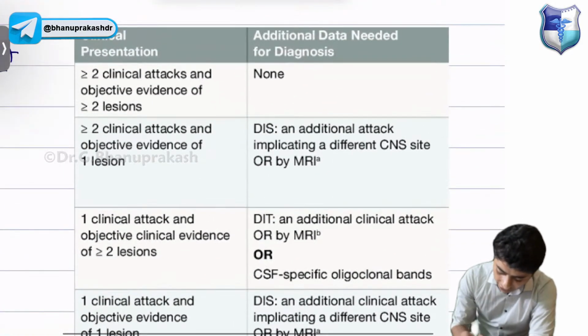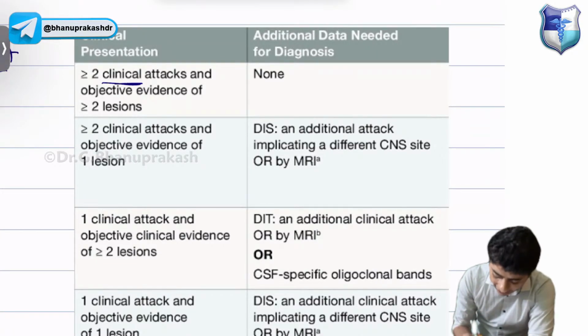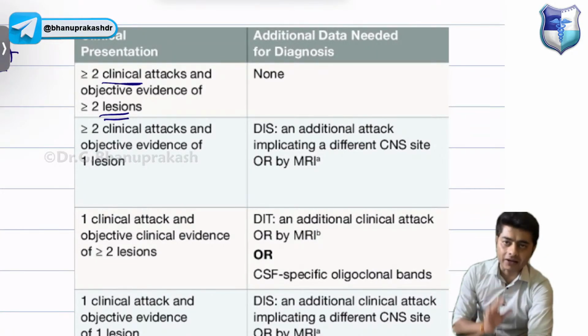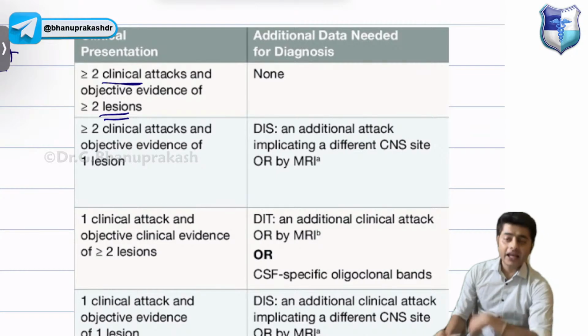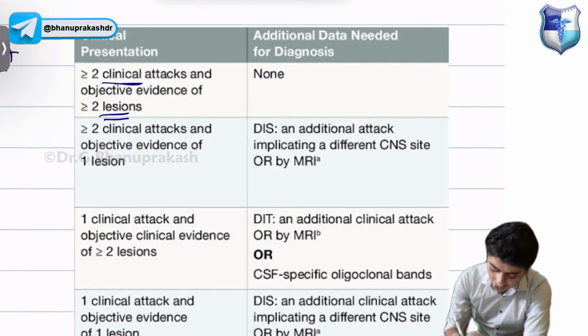It says if there are 2 or more clinical attacks and 2 lesions on your MRI, then it is MS. Nothing additional we require.